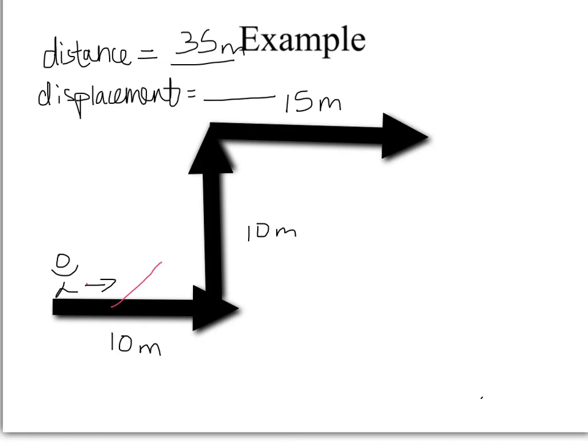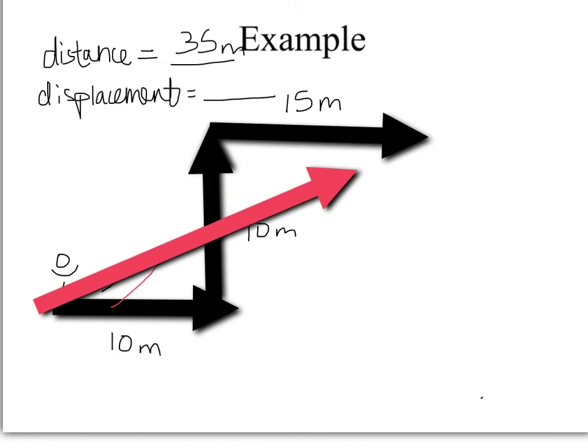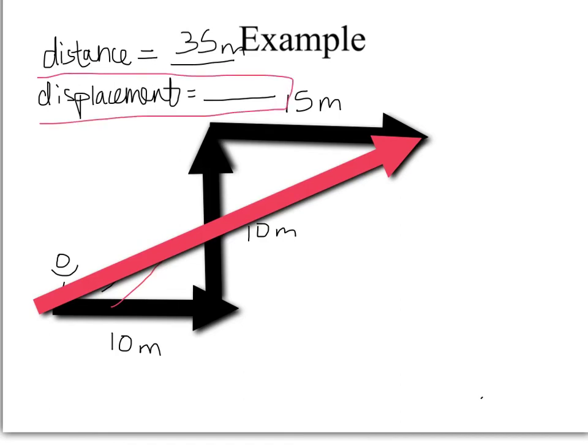Let's try drawing a straight line differently here. There we go. This red arrow is his displacement. So we're doing displacement in red. When he does that, we have to figure out how to calculate that straight line distance. We can imagine that we have a triangle, and that triangle will be the same 10 meters.